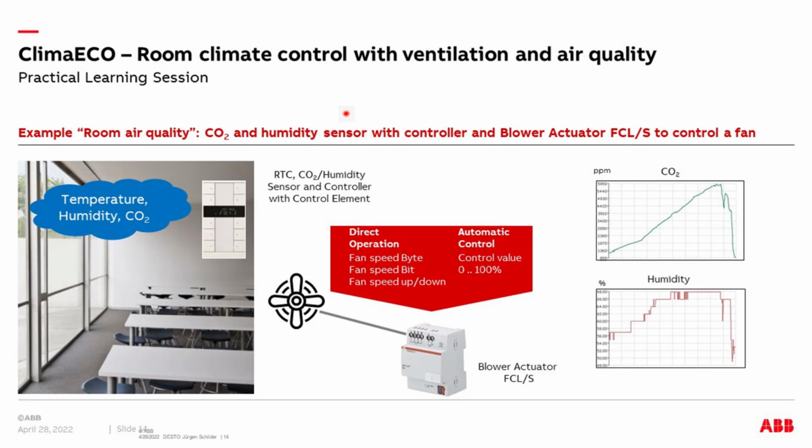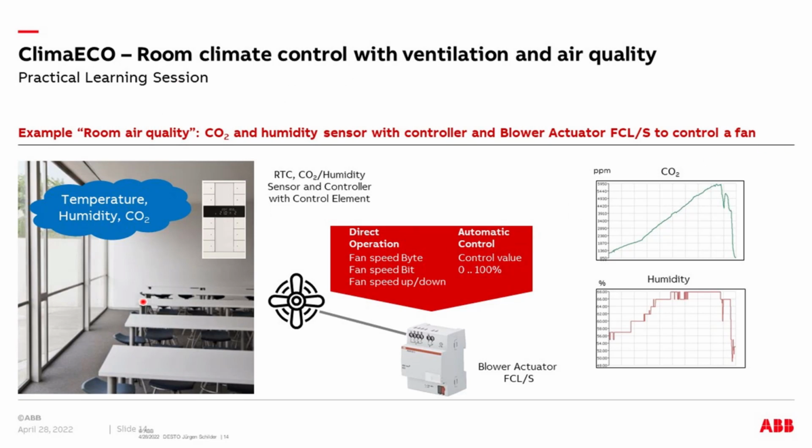With another camera, a separate IP camera, you can observe the behavior of the blower on this training board and the switching of the fan speeds. But at first I would like to start with an overview of ventilation and air quality, and then I come to this practical exercise.